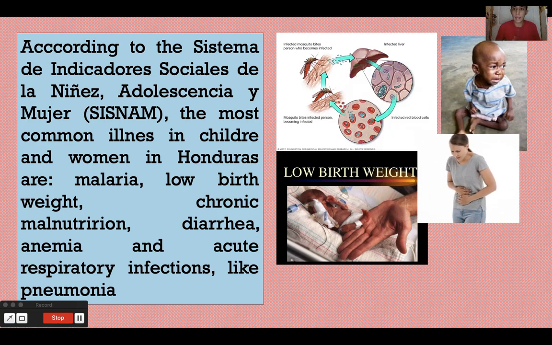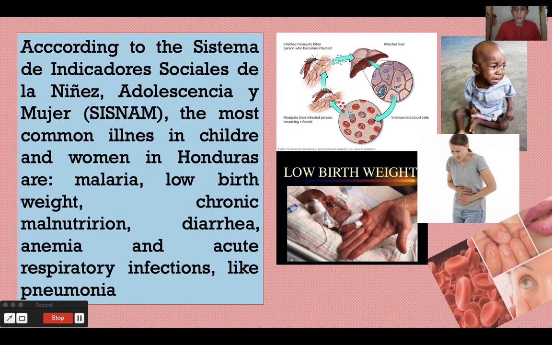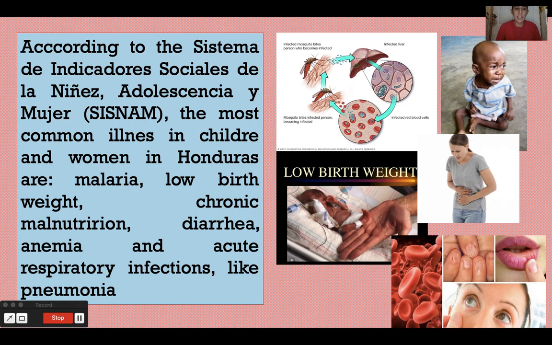Diarrhea, that is when you get pain in your stomach, or you eat a lot of things and you get sick from what you ate. Okay, and anemia. And another one are acute respiratory infections like pneumonia.